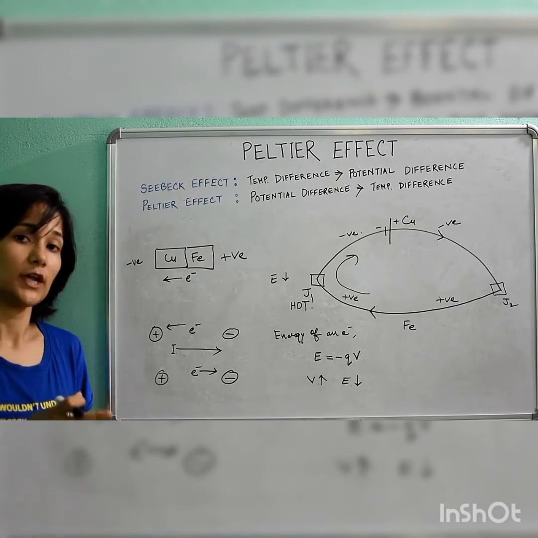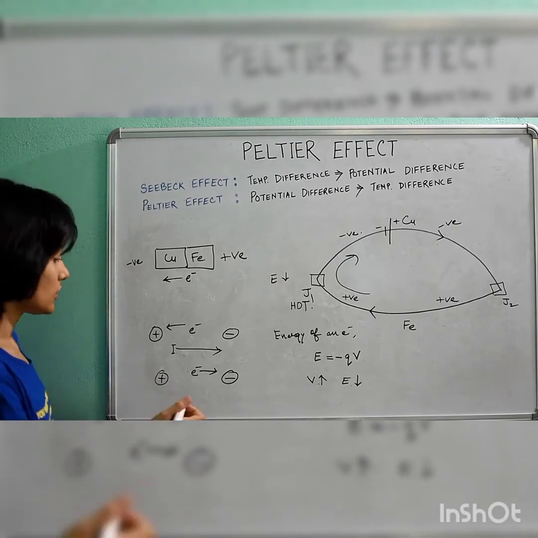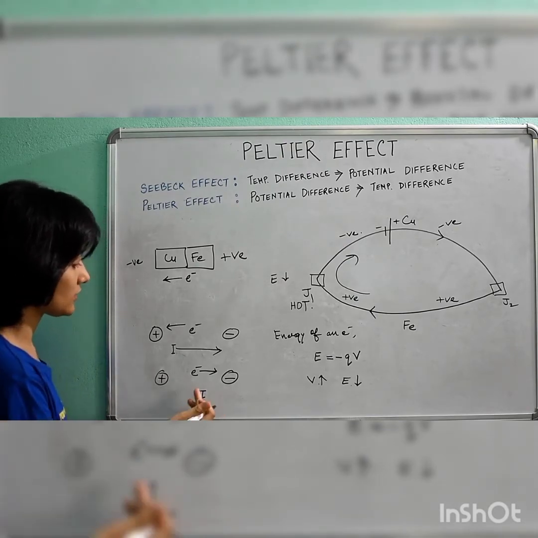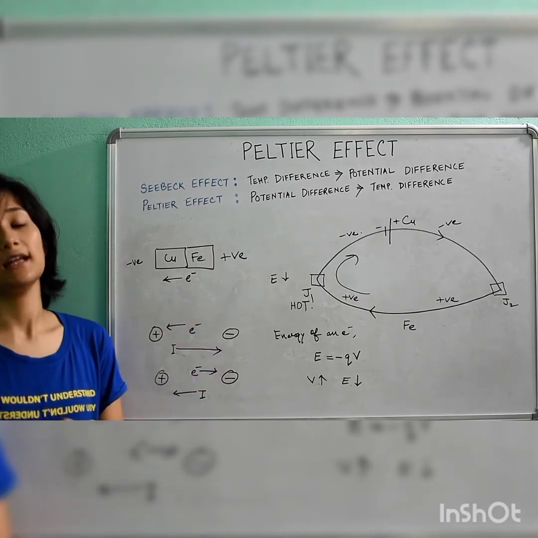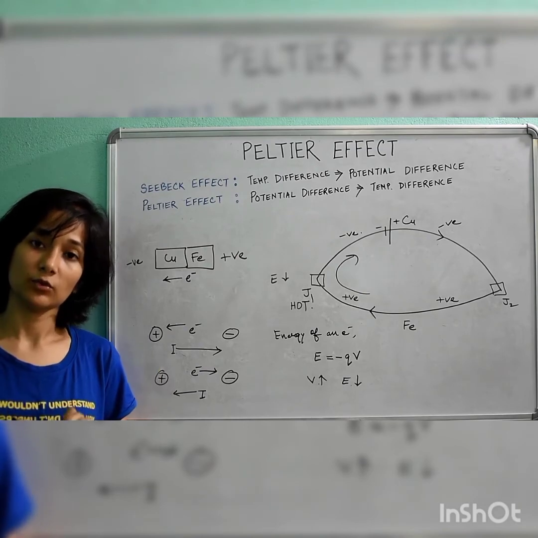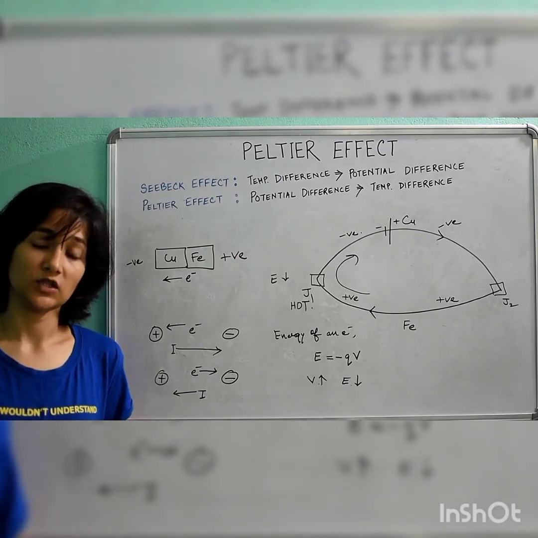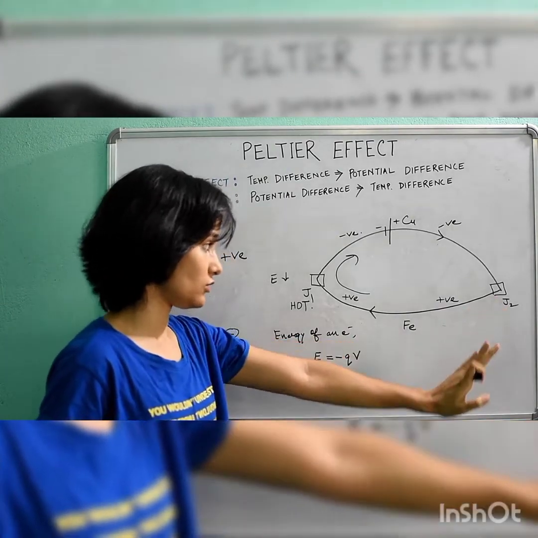I have to put some extra energy into moving the electron from the positive towards the negative side, or into flowing the current from the negative towards the positive side. We can say that when electrons flow from higher to lower potential, or current flows from lower to higher potential, some energy must be given, some energy will be absorbed. So if we put this concept here in junction J2, what's happening?